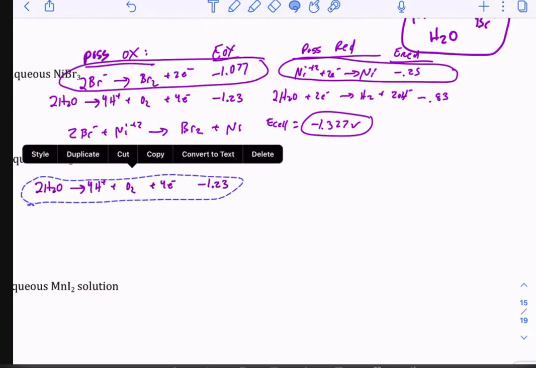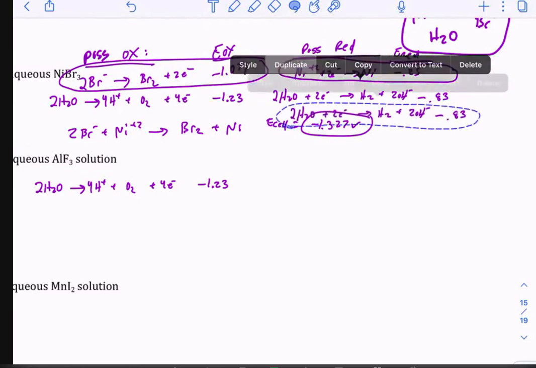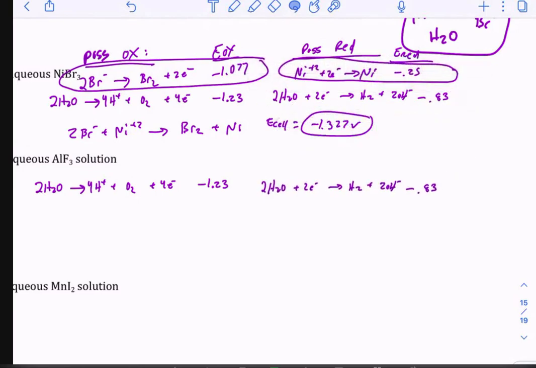Okay, so here's my oxidation, here's my reduction. The fluoride to become fluorine as an oxidation, the oxidation potential is going to be negative 2.87.